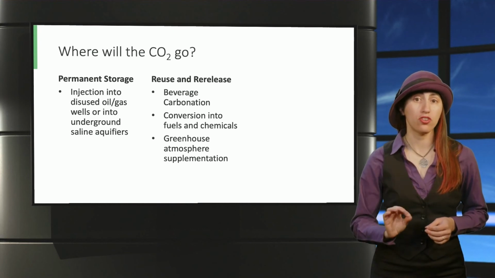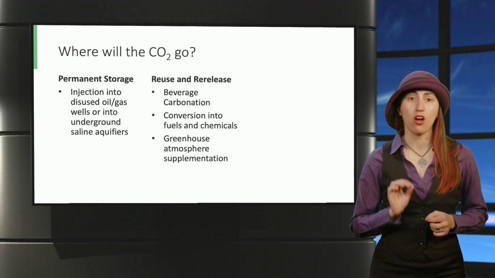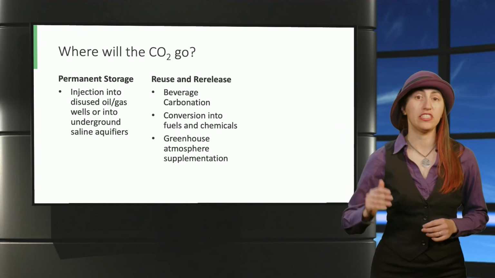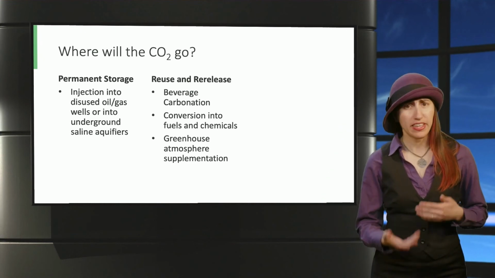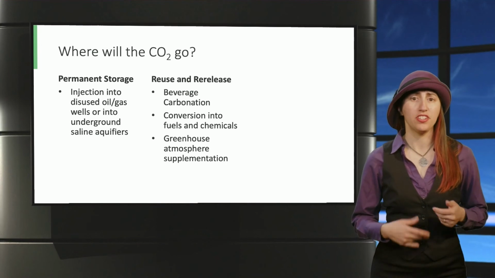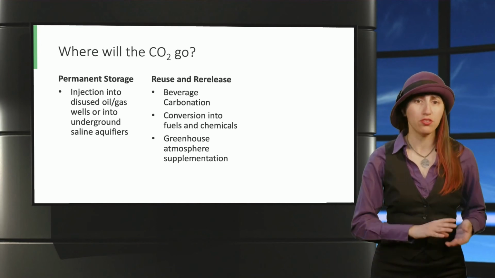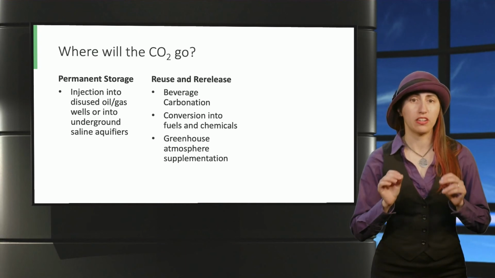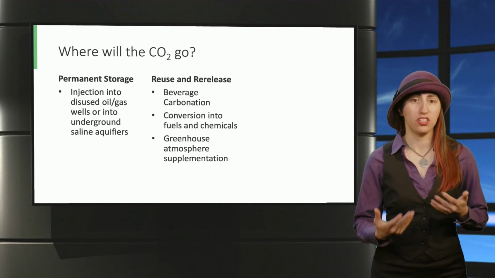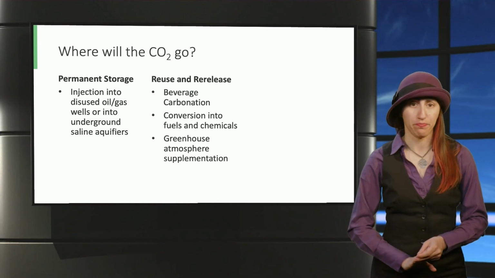However, most forms of reuse result in the carbon dioxide being re-released into the atmosphere. Thus, whether or not it mitigates greenhouse gas emissions is dependent on whether the reuse of carbon dioxide sufficiently reduces carbon dioxide emissions by displacing the use of other types of carbon.